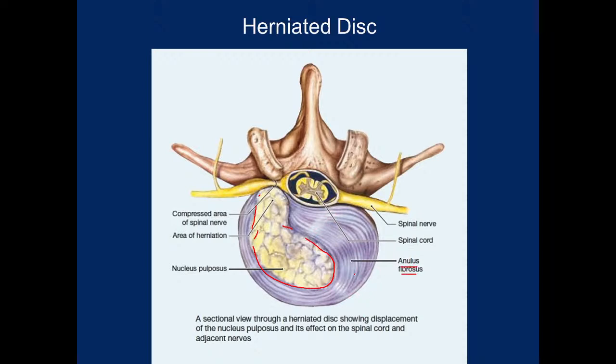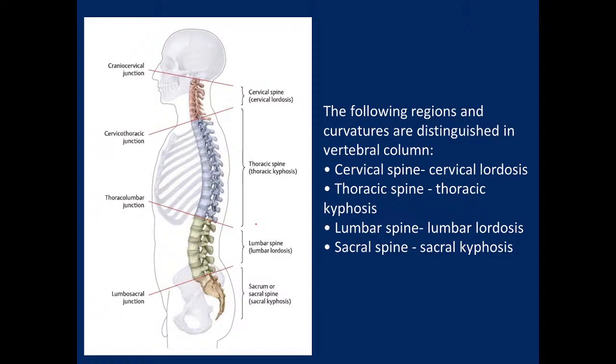This is another part of the intervertebral disc, and this coming out portion of the nucleus pulposus may press the nerves, and this syndrome is called a herniated disc. Hernia is the pathological structure coming out from some kind of cavity.